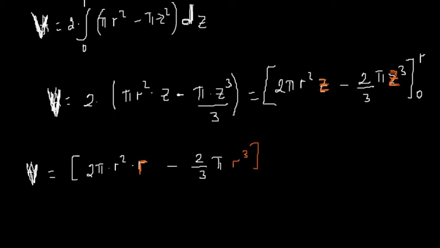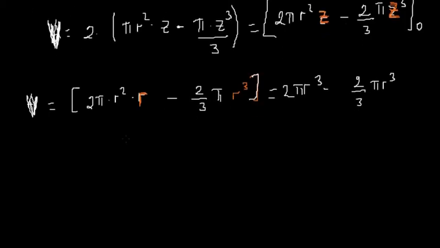So we can do just a simple subtraction, so it's going to be 2 pi r cubed minus 2 over 3 pi r cubed, which is just simply going to be how much?